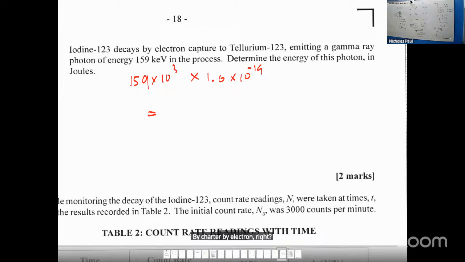Yes, it will be positive. How much is that? 2.54 by 10 to the minus 14. For 159, right? 14, yeah.